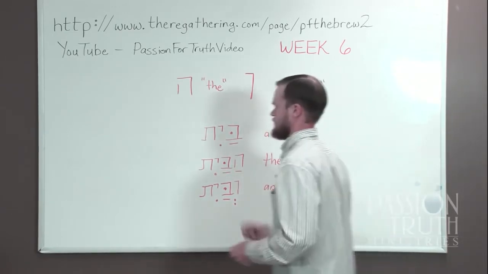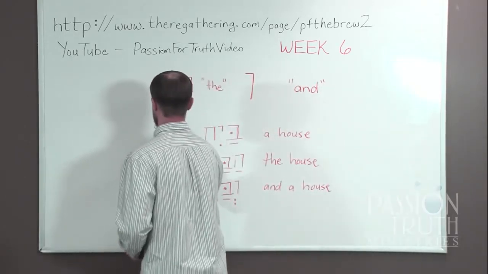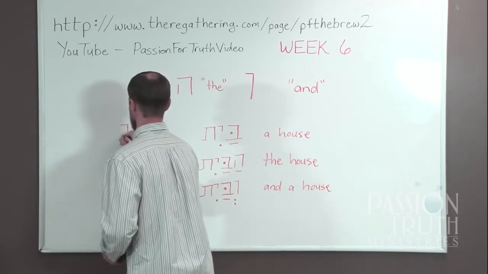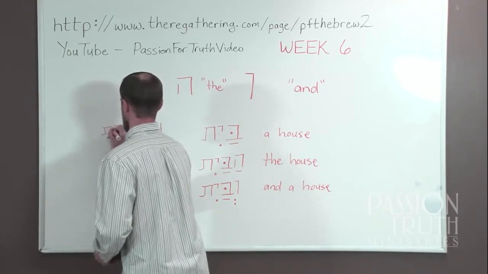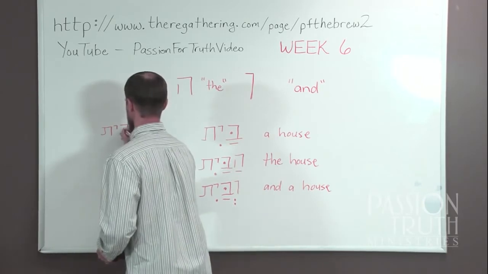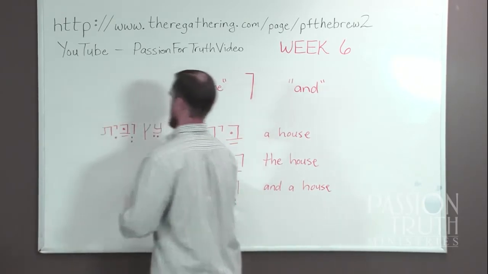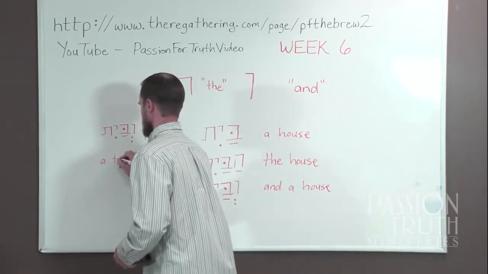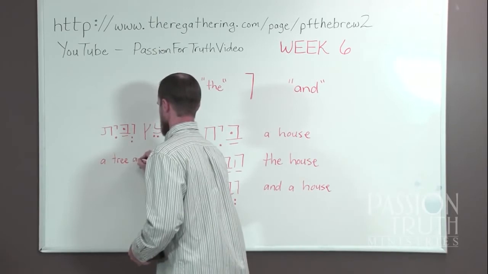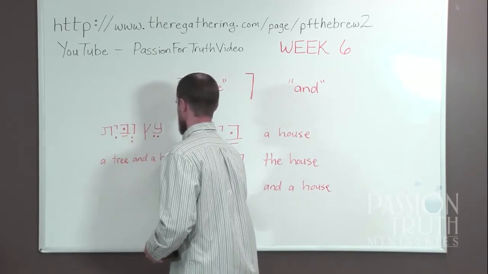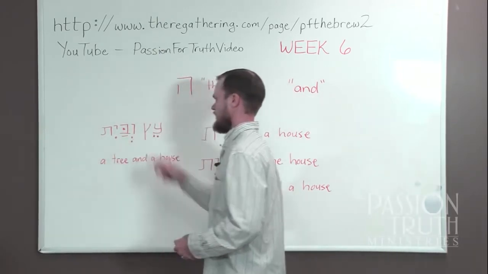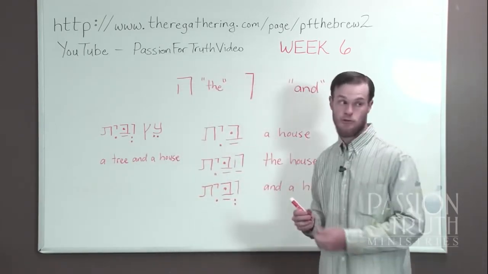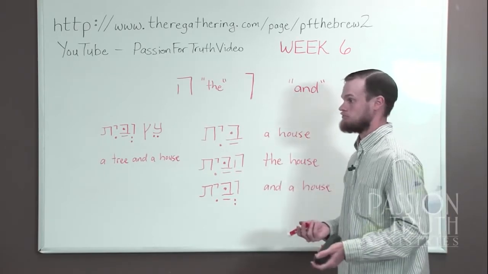Okay, so if we had a phrase, eitz v'bayit, a tree, in fact, yes, eretz would be land, but yes, eitz. This is not a sentence, but just a phrase, just to show you how the vav functions as a prefix: a tree and a house. Okay, so it's directly affixed to the word, and it means and.